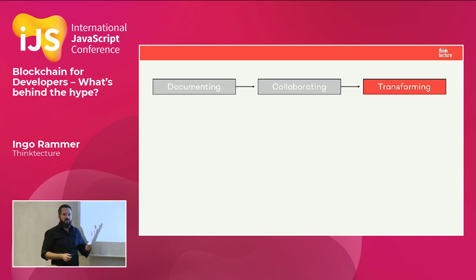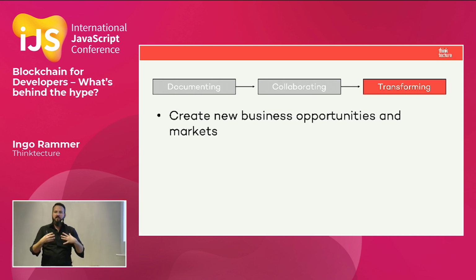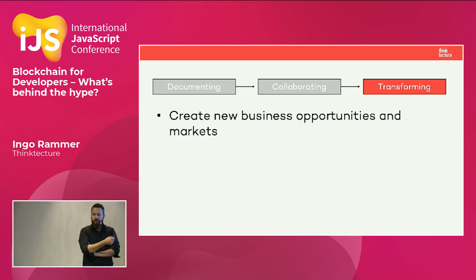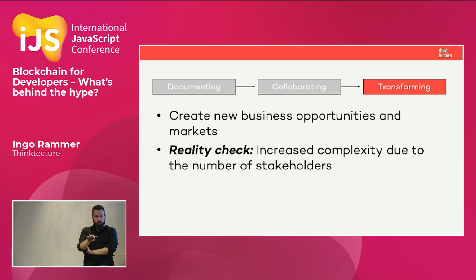And then we have the interesting ones. From a technical point of view, the ones I'm most interested in are the last group. These are the ones where we create new markets, where we can do things not just cheaper or more quickly, but where we can do things which we can't do today. And one reality check before we go into this, they are incredibly more complex compared to the first two.